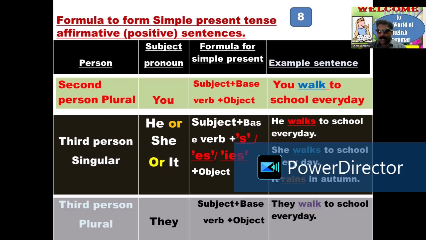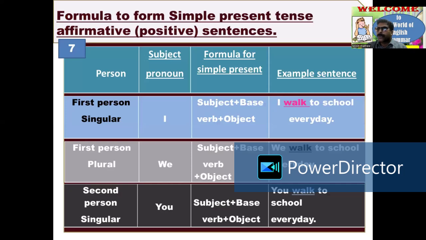Siddharth, please read the formula for first person singular with the example from your notebook. Siddharth reads the formula with the example from the notebook: first person singular I, plus base verb plus object. For example, I walk to school. Teacher responds to the student, excellent.